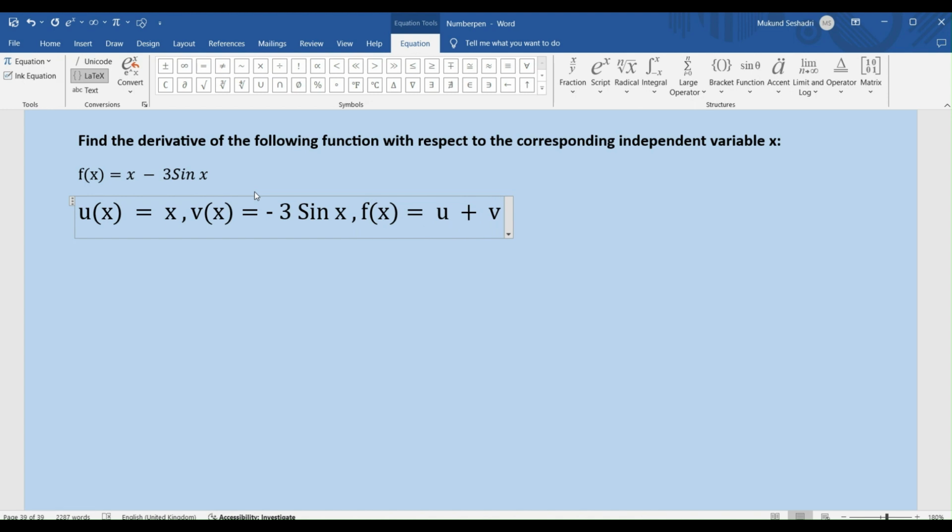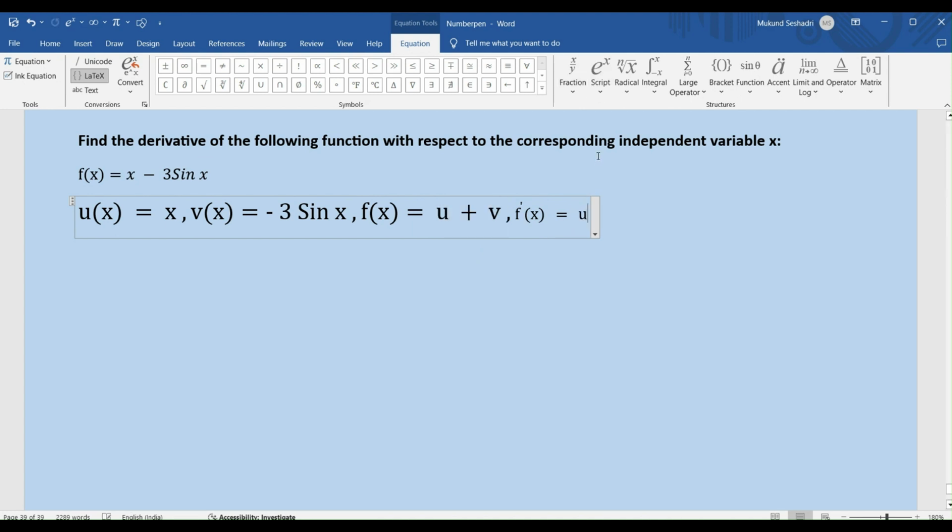And we have been asked to find d by dx of f of x. And if d by dx of f of x, you're going to call it f dashed, what is my f dashed in terms of u and v, right? f dashed in terms of u and v is nothing but u dashed plus v dashed, right?